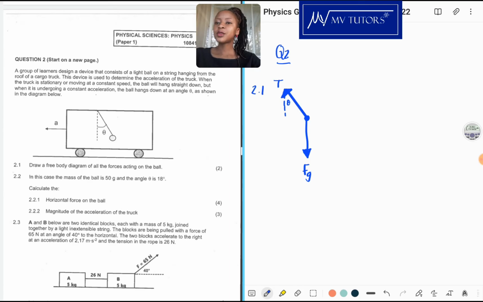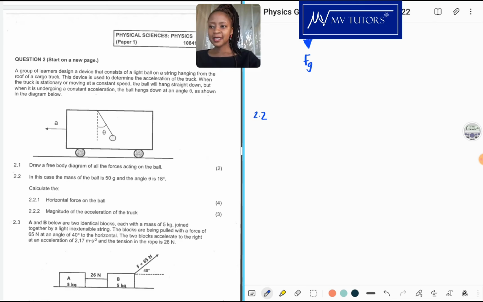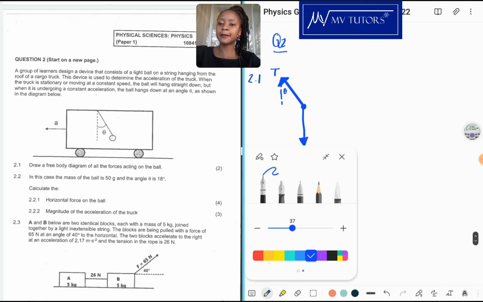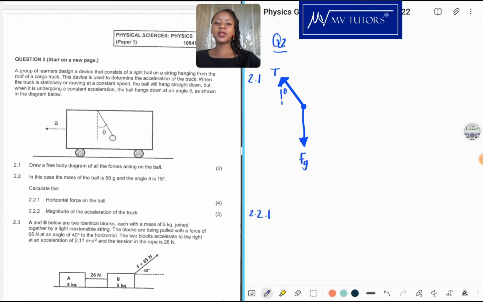Okay, now 2.2. It says, in this case, the mass of the ball is 50 grams and the angle theta is 18 degrees. Now we need to calculate the horizontal force on the ball. Using this very same free body diagram, I will resolve my tension force into its x and y components.